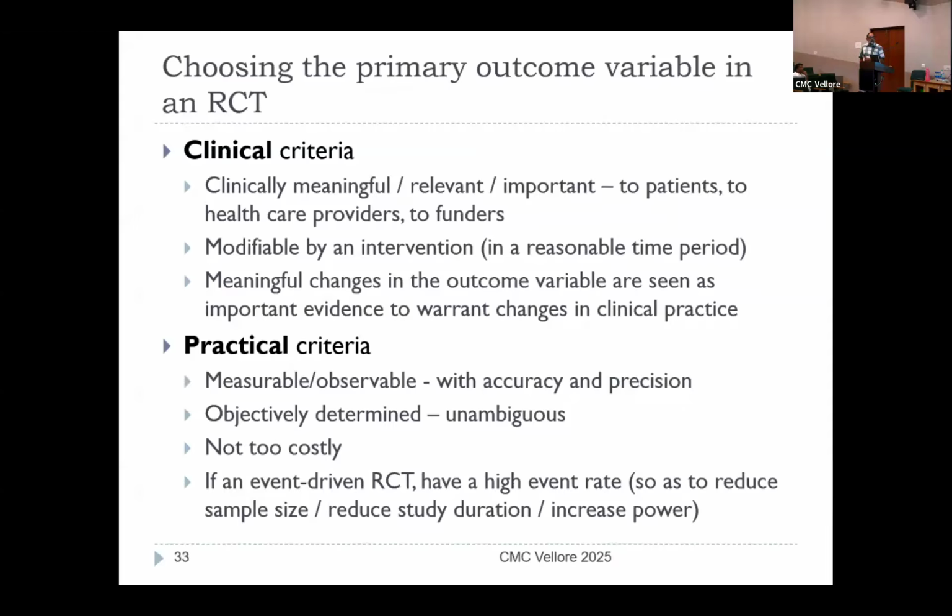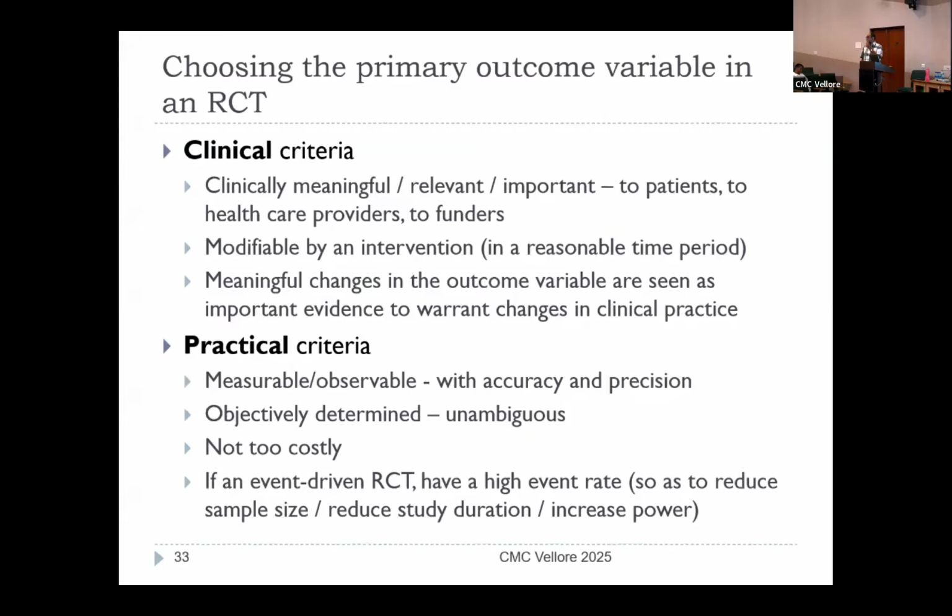In an event-driven RCT, and we'll talk about event-driven on Thursday or Wednesday, tomorrow, it's not just the number of events, but the rate of events occurring. You want to have a high event rate so as to reduce the sample size, reduce study duration, increase power.